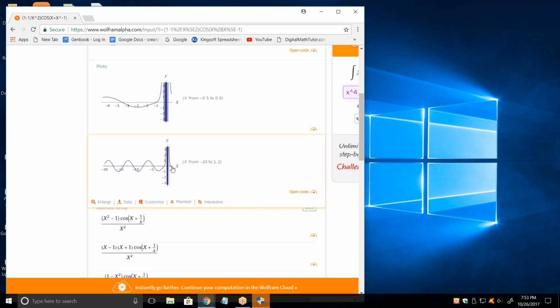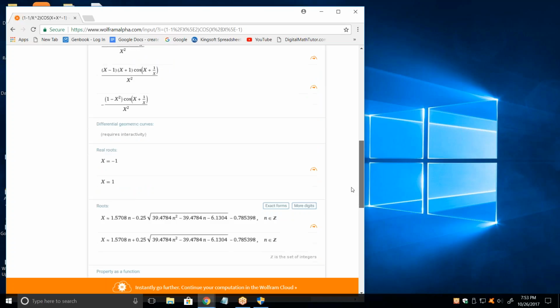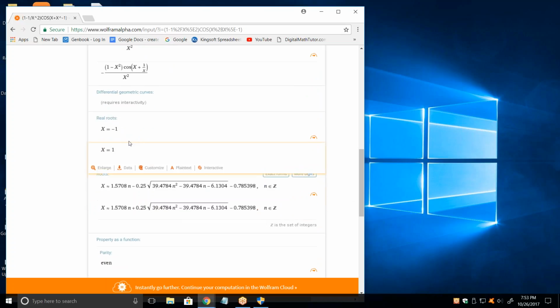Unfortunately, my cursor doesn't tell me what that point is, but I'll bet it gives me the zeros of this. X equals 1. That's the root of the second derivative.